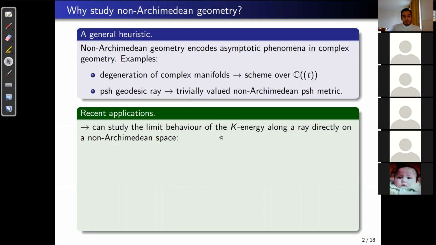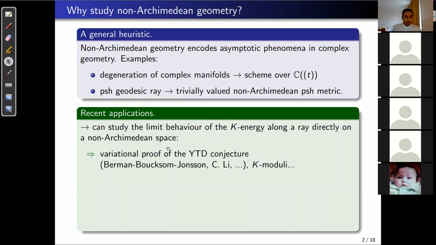There is a big conjecture that relates the asymptotic behavior of the K-energy along geodesic rays and the existence of certain canonical Kähler metrics on the manifold. This is the YTD conjecture, for Yau, Tian and Donaldson.